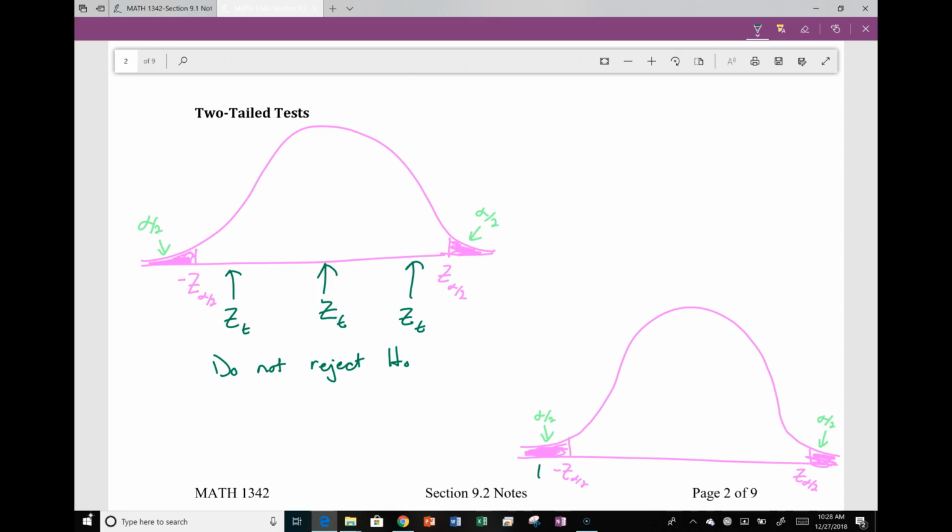Now over here, I could have my test statistic here, or it could be over in here. On either one of these cases, if it's here or if it's here, then I will reject the null hypothesis. So on a two-tailed test, we have to be a little bit careful because we're looking at both sides. We have to pay attention to both sides there.